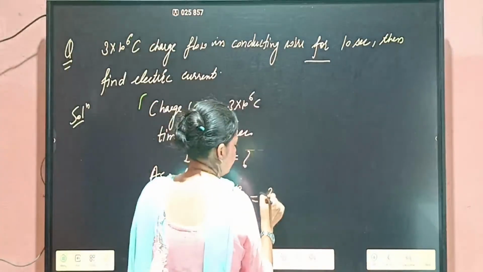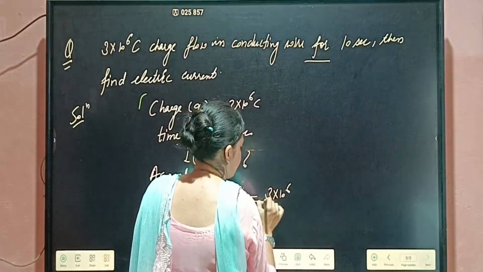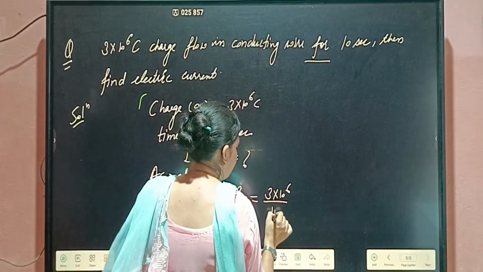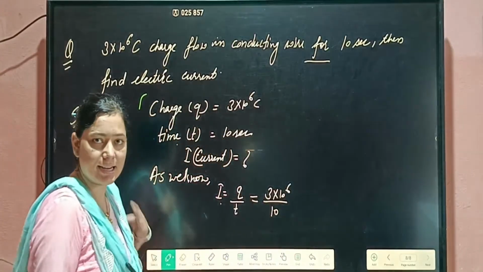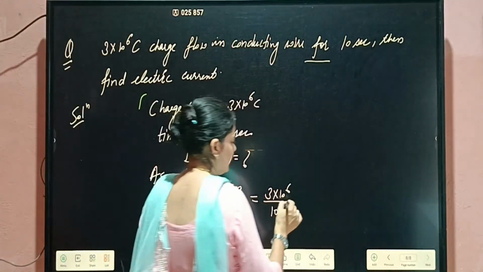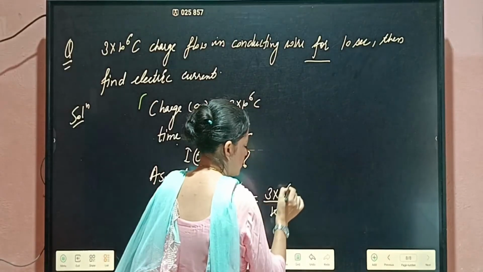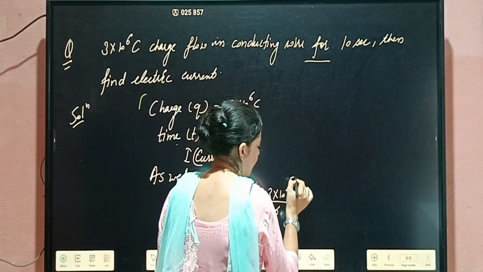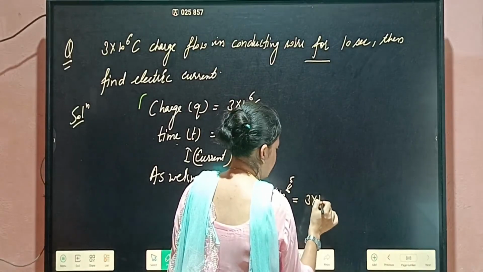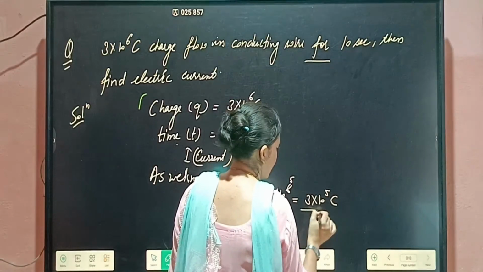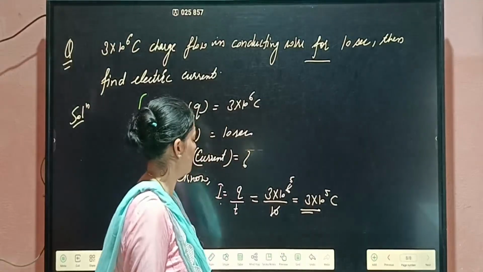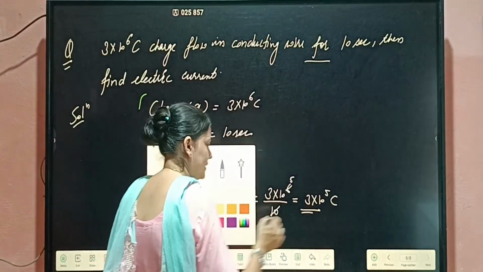Your charge is here 3 into 10 raised to power 6 divided by your 10. 10 second is there. So here we can write 3 into 10 raised to power, when we solve this, here we'll be left with 5, so 3 into 10 raised to power 5. Here, sorry, ampere. Current is there, no?